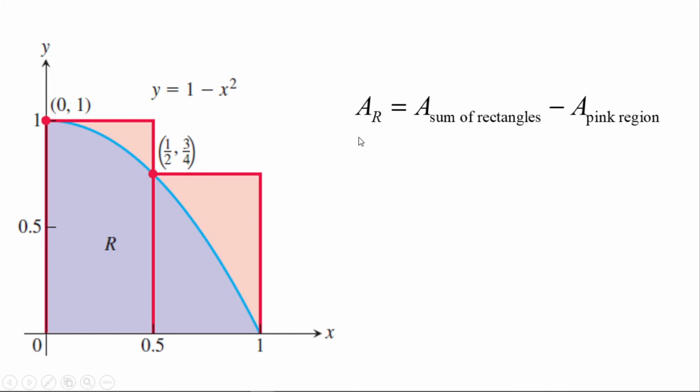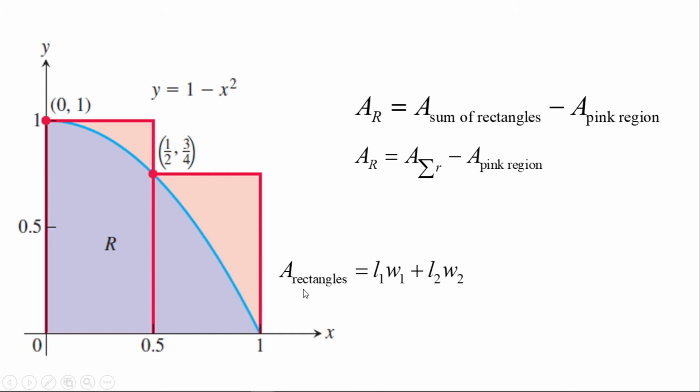So the area of the region R, we can say, is equal to the sum of the areas of all the rectangles, then subtracted by the pink areas. That is, the summation of areas of rectangles minus areas of the pink region.